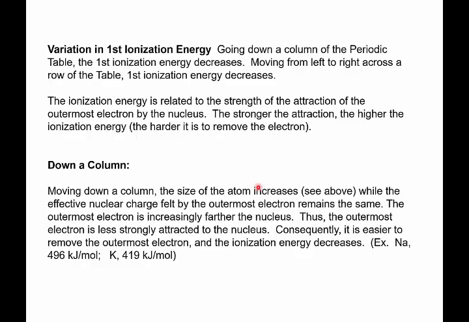The outermost electron is increasingly farther from the nucleus, and thus the outermost electron is less strongly attracted to the nucleus, that is when you're going down a column, and so consequently it's easier to remove the outermost electron going down the column. Ionization energy decreases.